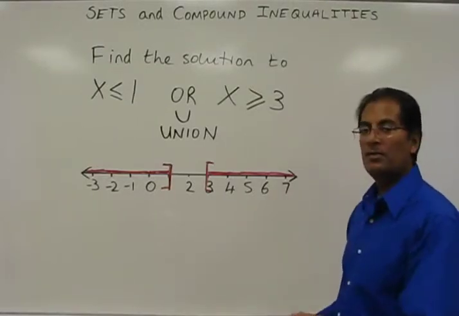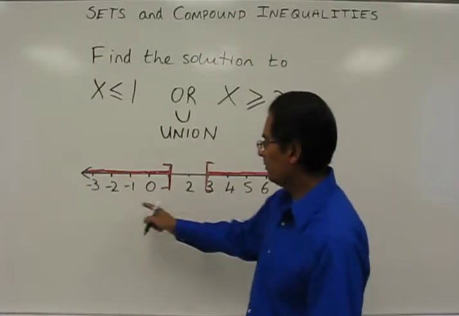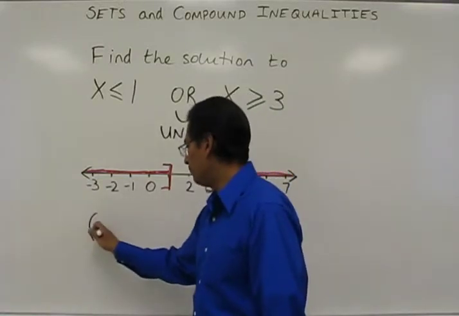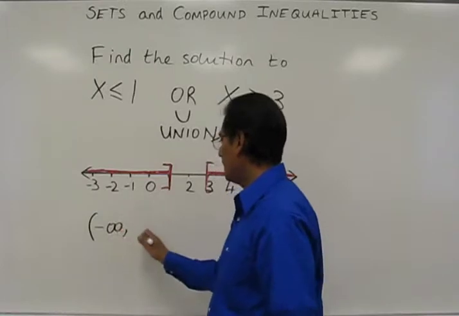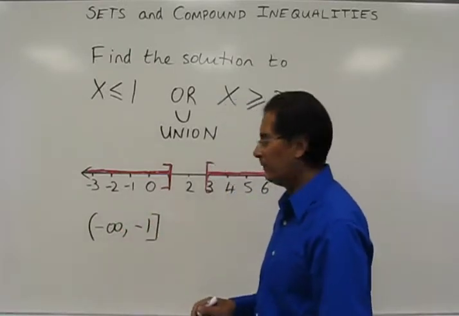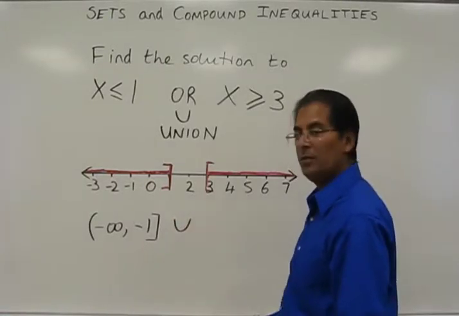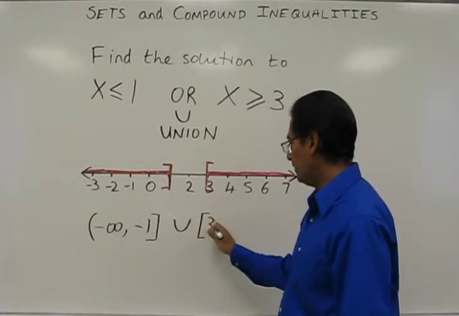Now, how do we write this in interval notation? Well, we're looking at the set of all the numbers less than or equal to 1. So that would be from negative infinity, all those numbers down that side, all the way up to 1, including 1. Union, or going from 3 all the way up.